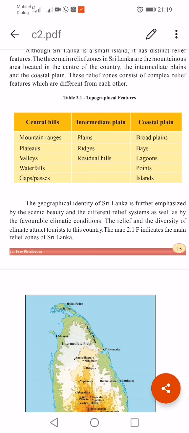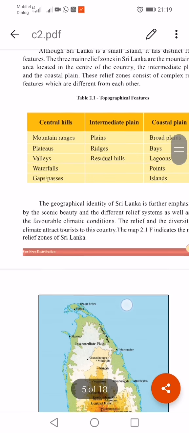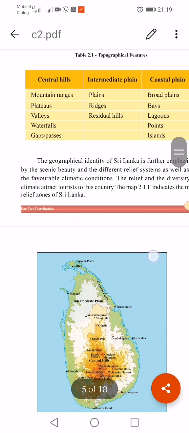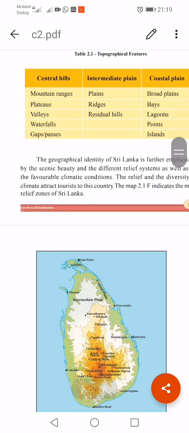If you can see a geographical feature in the land like that, it is called a plateau. And a valley, in Sinhala we call it Nimna, means that between two mountains there is a low land area.